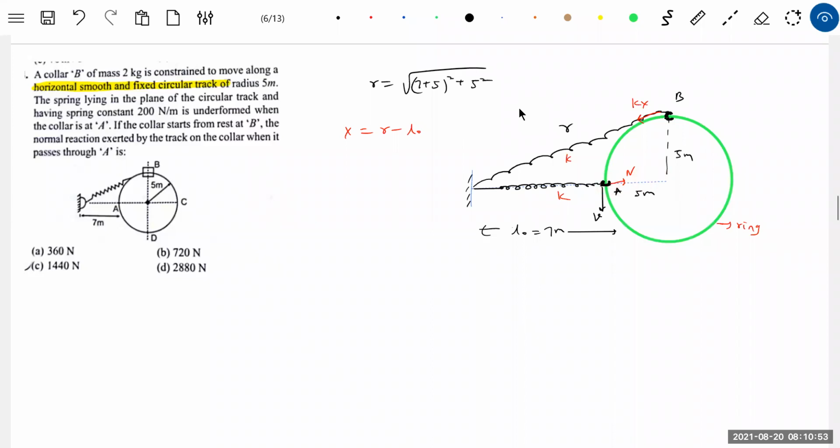Means the ring at point A. So the ring is going to be in this particular situation. You should draw such a diagram, sir.